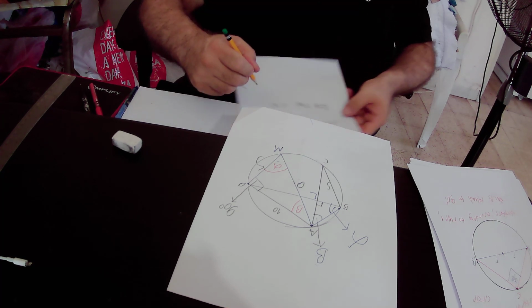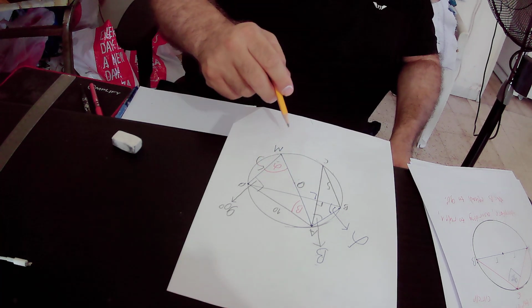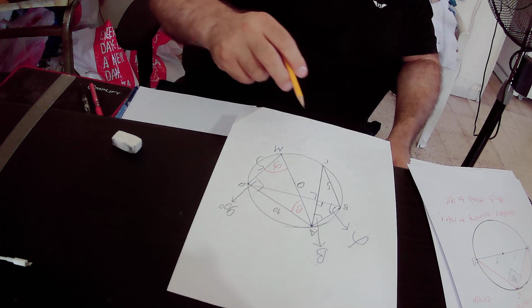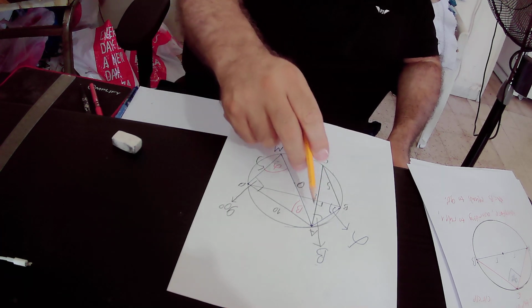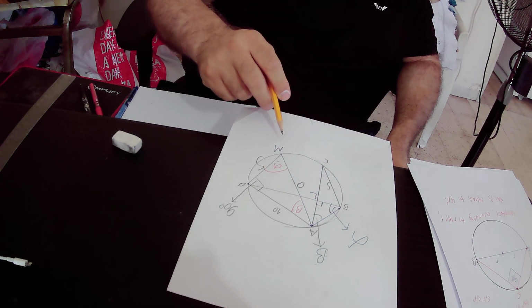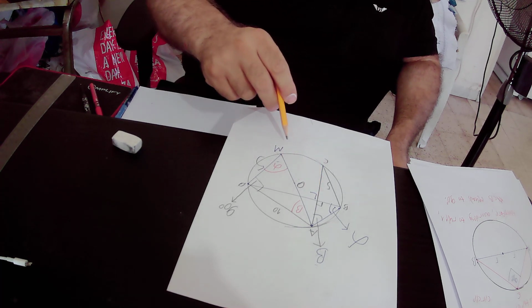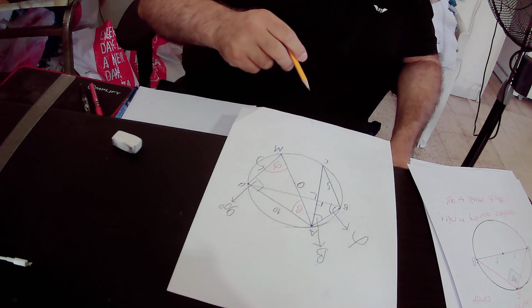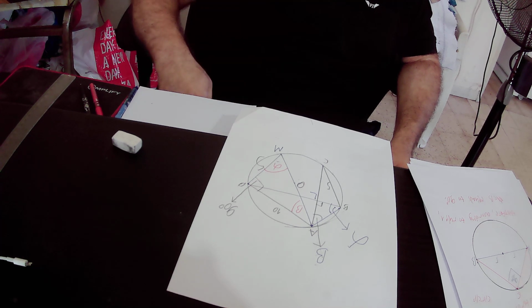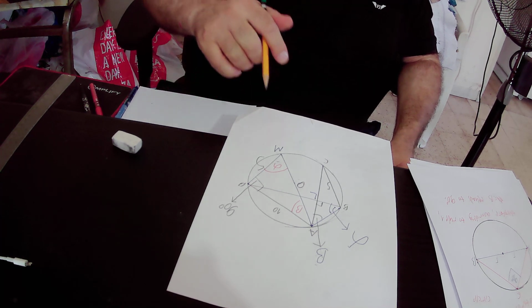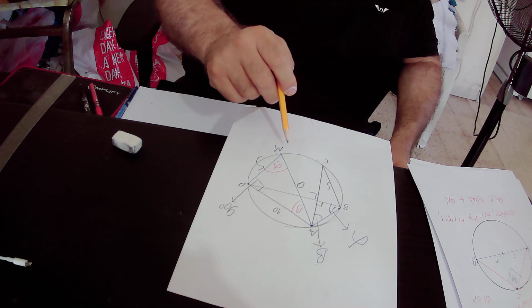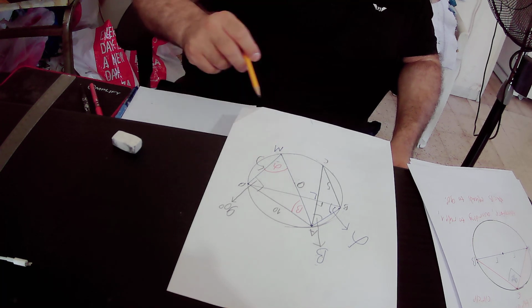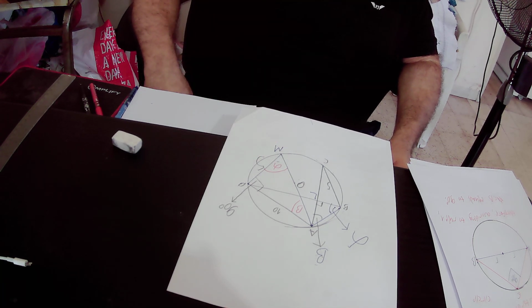So, angle ADM rests on the diameter of the circle. That is to say, it rests on AM, that is the diameter of the circle. Therefore, according to rule number 1, angle ADM equals 90 degrees. Okay?